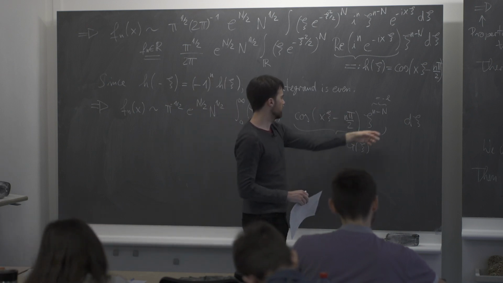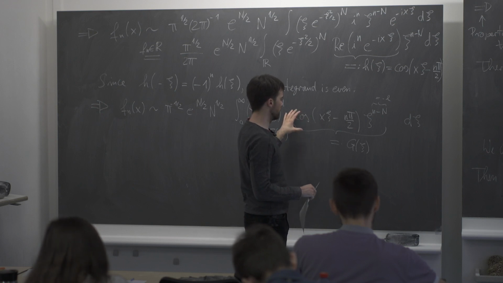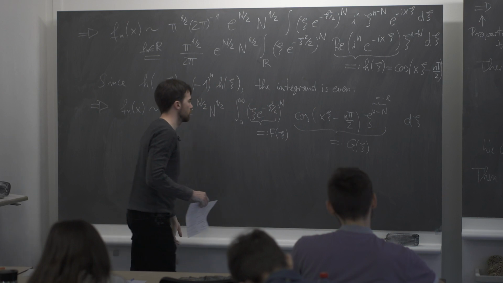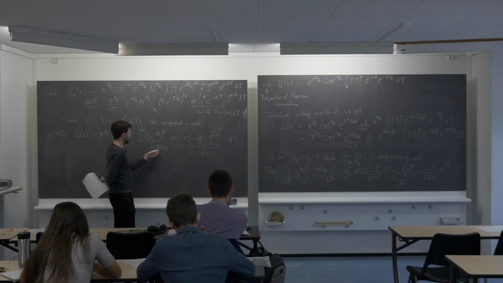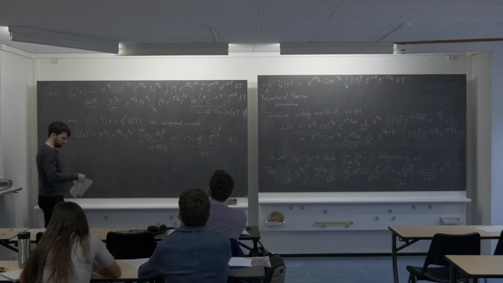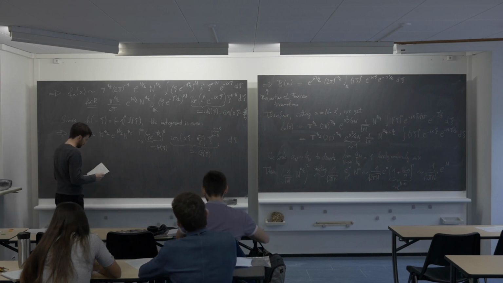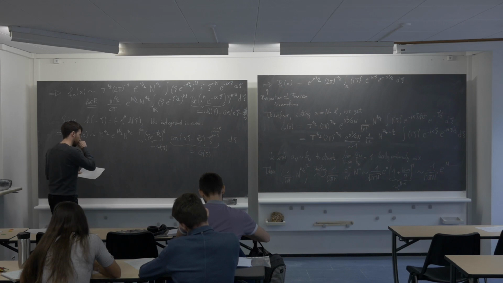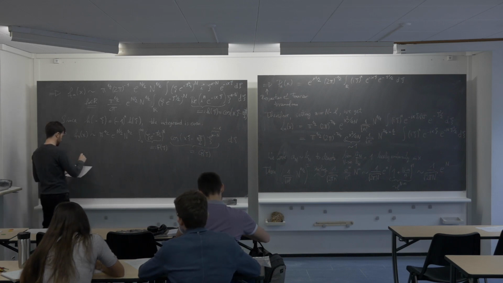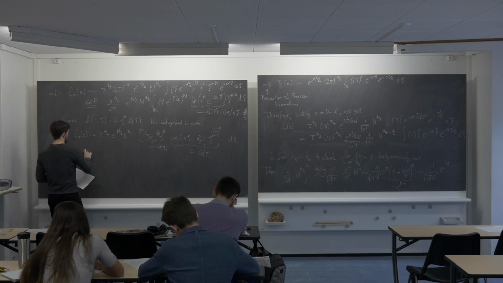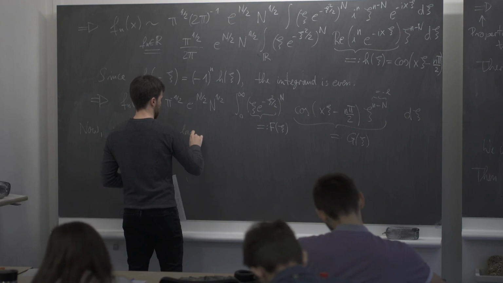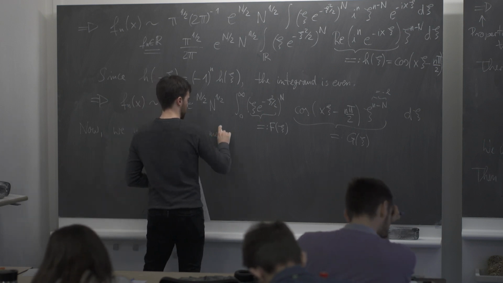And somehow this function here is more or less bounded in n. So no matter what the n does, this gives you some kind of bounded contribution. And then the important thing is what happens here with this f of xi. And you might have heard of something which is called Laplace Method. Let me explain to you what it means. So we use Laplace Method.